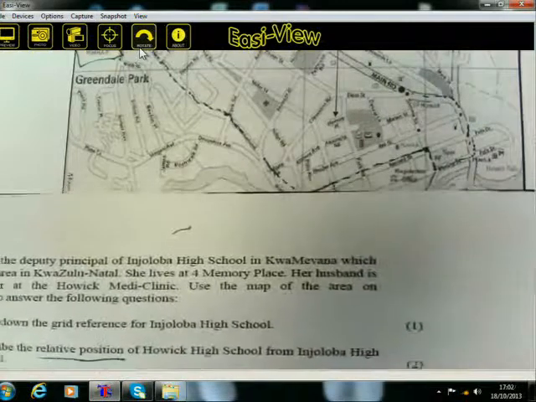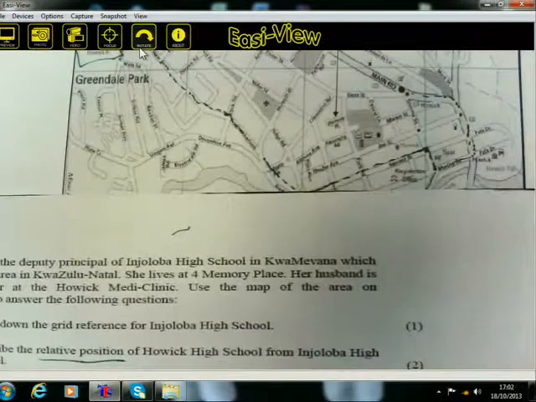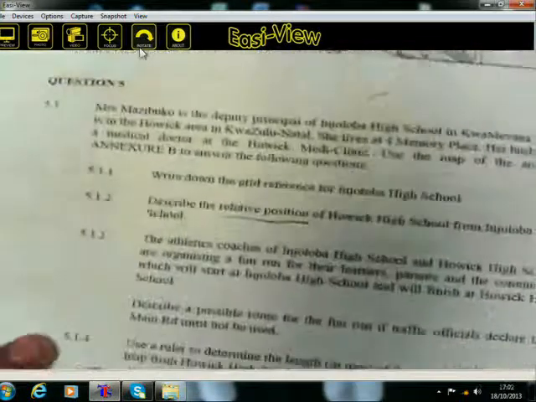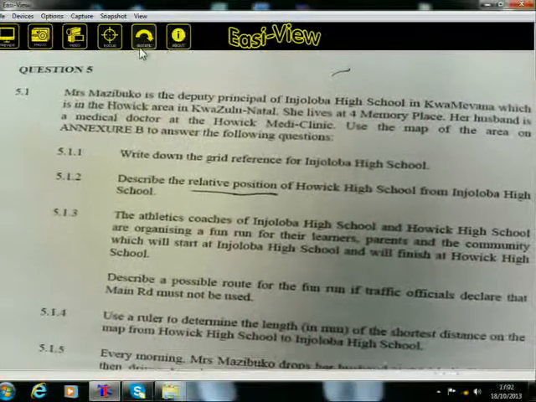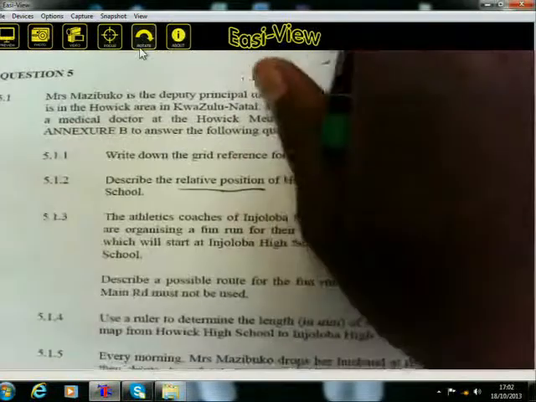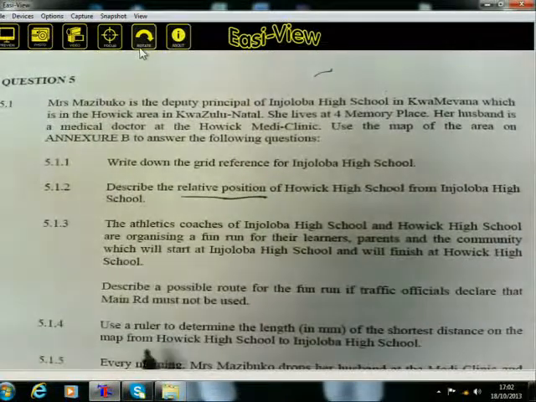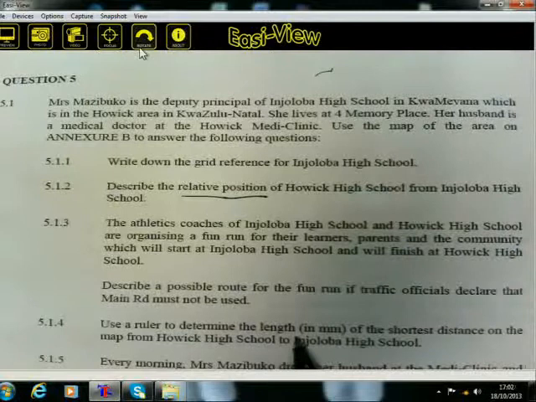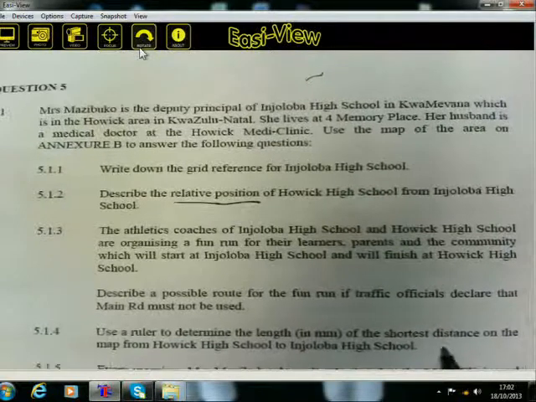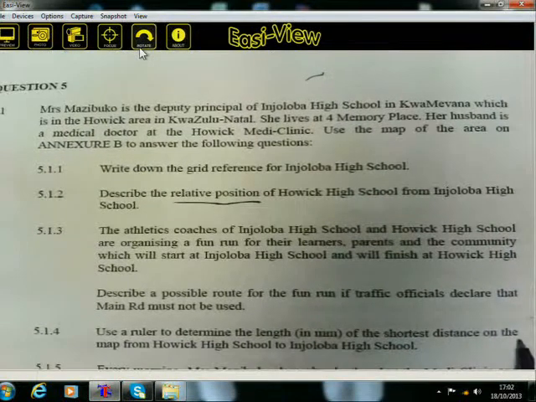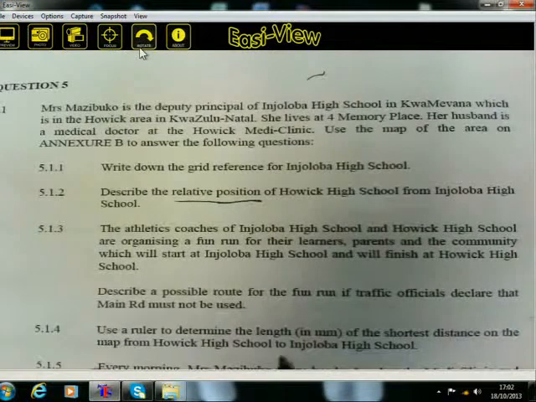Then 5.1.4, it says use a ruler to determine the length in millimeters of the shortest distance on the map from Howick High School to Njoloba High School.